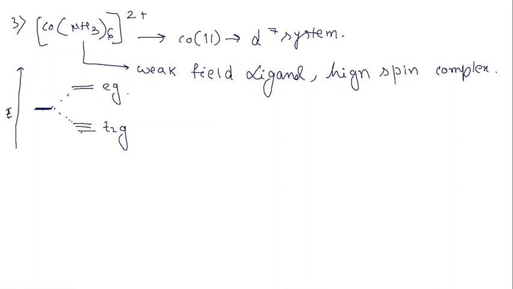Now I'll fill the d orbitals with electrons, 7. Okay. Now here it is a zero level.